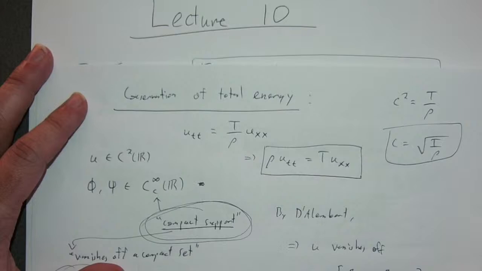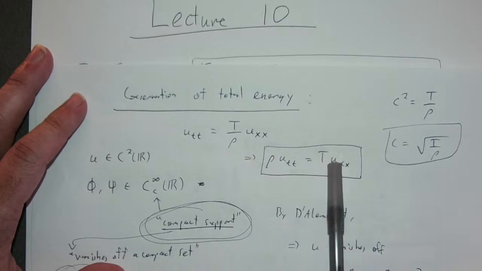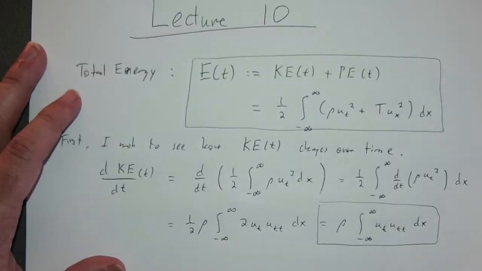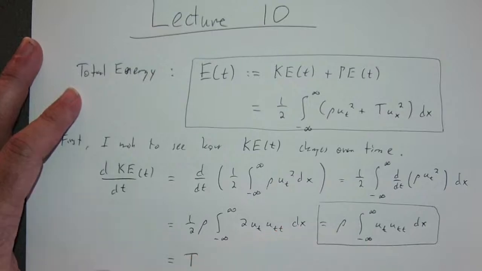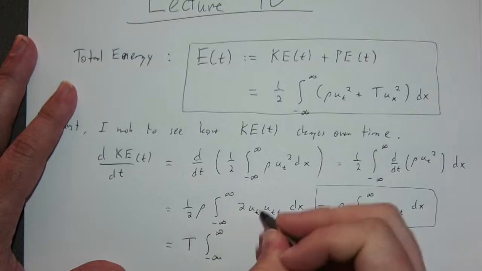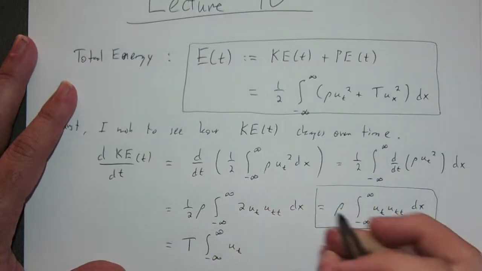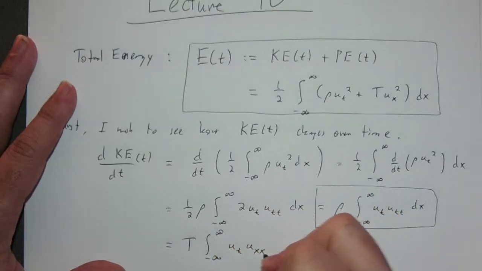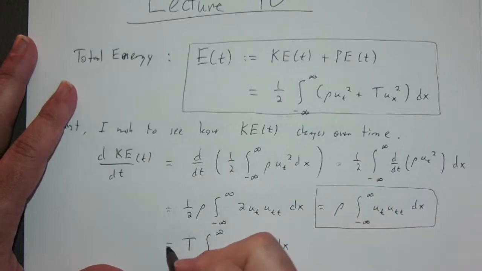So in my expression here, rho times u sub tt, that's t u sub xx. And so actually I can rewrite this as t times the integral from minus infinity to infinity of u sub t times u sub xx dx.